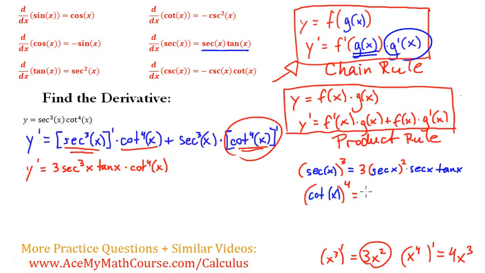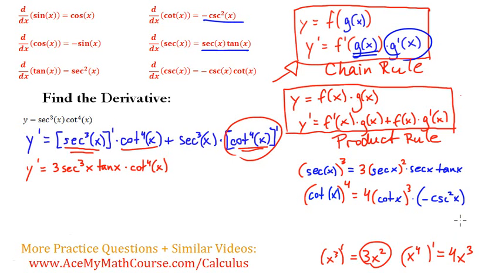And so great, we're going to have 4. Now I didn't forget to write the cubed. Oh, look at that. Clever, huh? Not really. So cotangent of x, now times the derivative of the inside function, and the derivative of cotangent of x is negative cosecant squared of x.